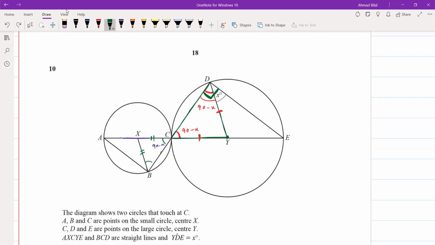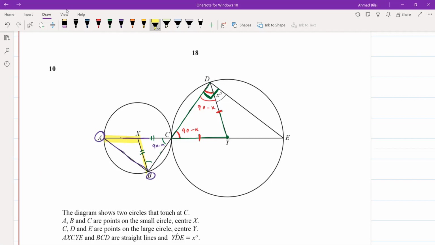Now you could look at this chord. अब ये chord देख लें. AB chord. Look at this chord. Now this chord is making an angle on the circumference. That's 90 minus x. Right? ये chord यहाँ पे angle बना रही है circumference के ऊपर. ये angle. वही chord आपकी सेंटर पे एंगल बनाएगी.